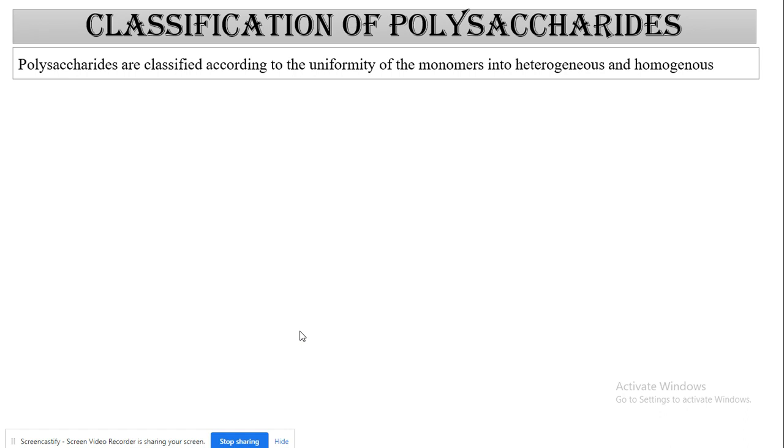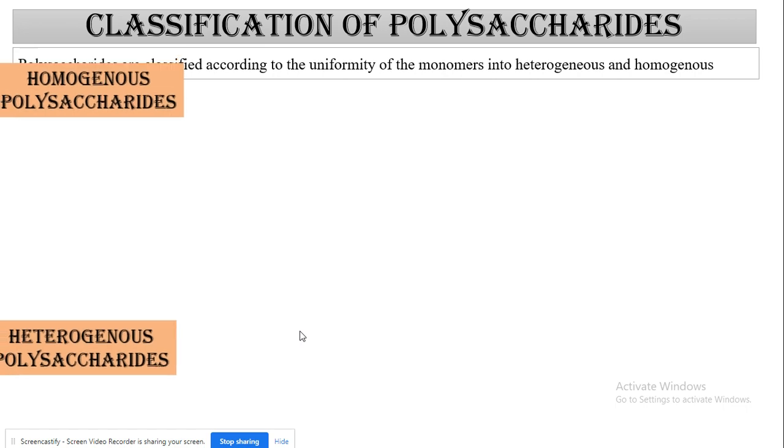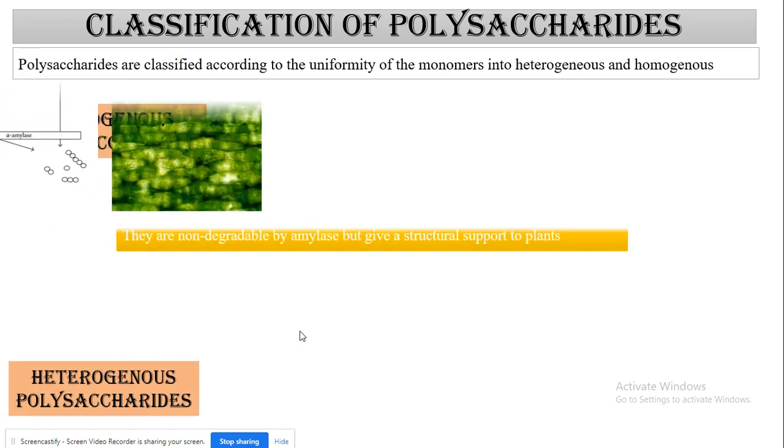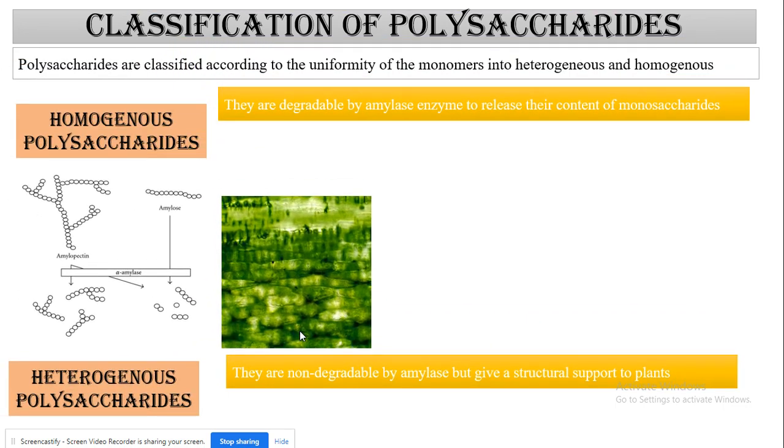Polysaccharides are classified according to the uniformity of the monosaccharide units into heterogeneous or homogeneous. The homogeneous polysaccharides are made up of similar monosaccharide units, meaning all the monosaccharides are similar, either all glucose or all galactose and so on.